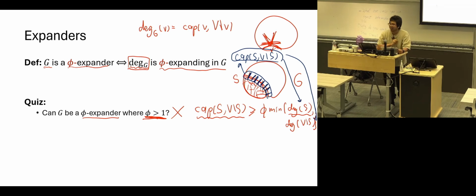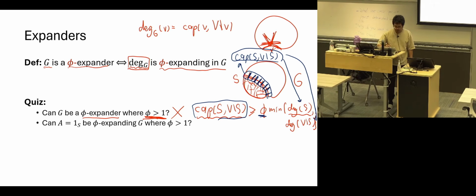Okay? Also, since phi is greater than 1, it cannot happen. Like, this thing is obviously at most each of these things. So it cannot be the case that phi is more than 1. Yeah. Question about this? Okay.